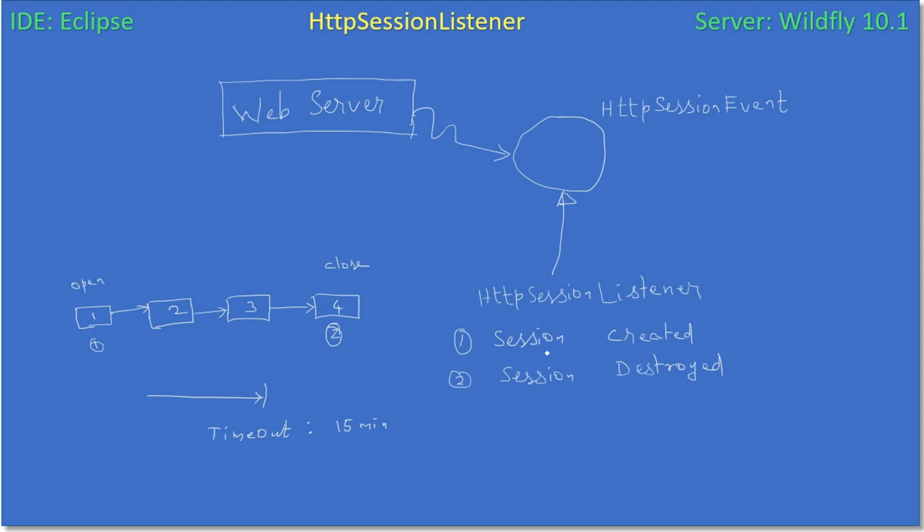objects, that means the request object, servlet context object, and HTTP session object, we can add and remove attributes. That means we can set the attributes and we can get the attributes. We saw that in the previous videos. So there is a listener for the attributes also.